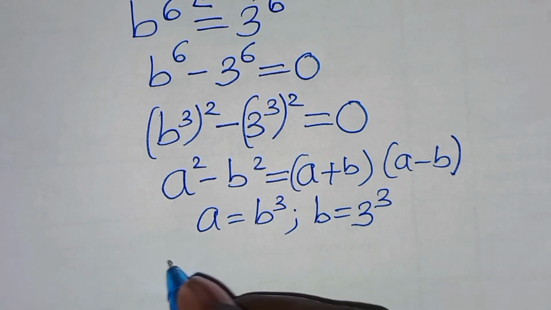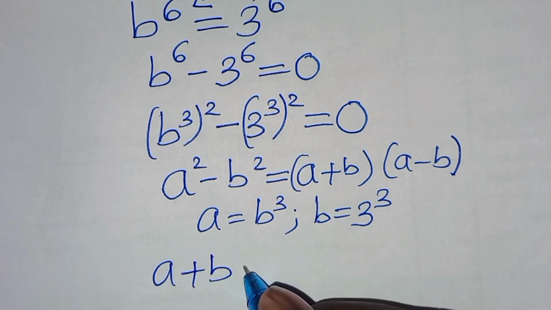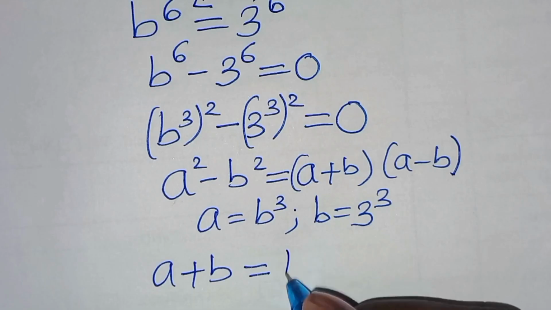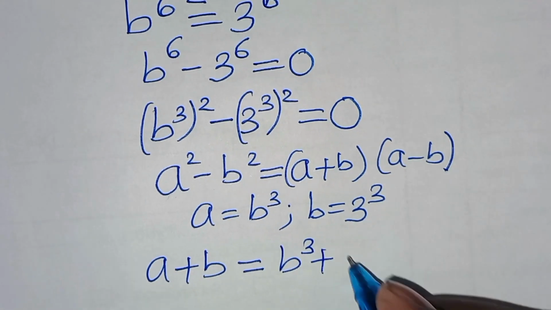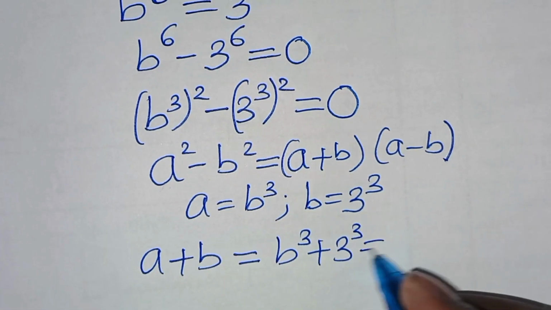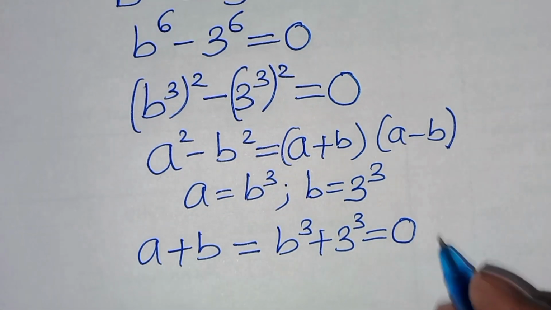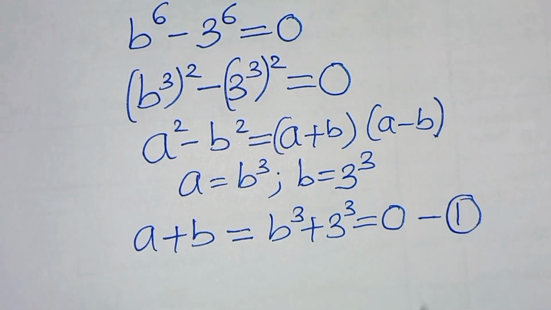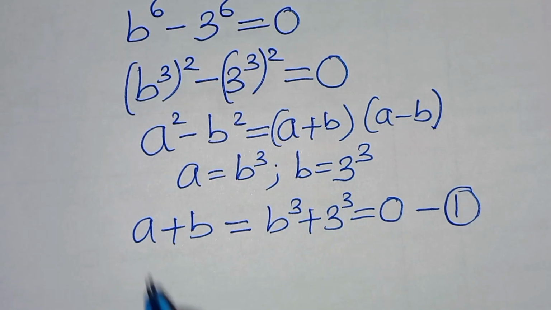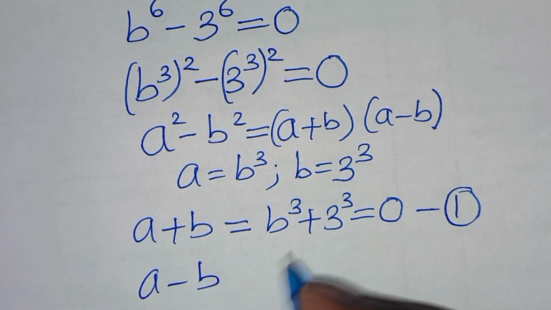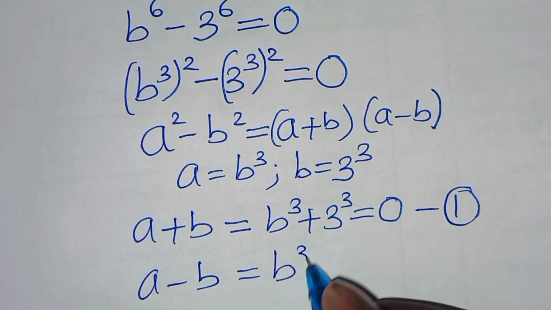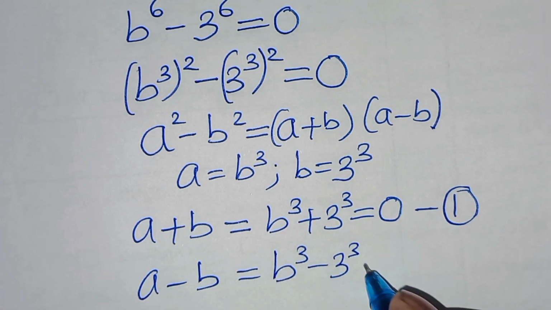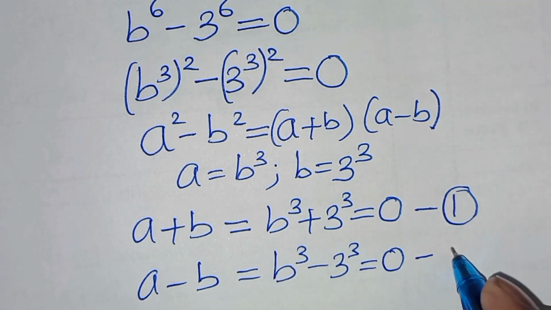So a plus b is b to power 3 plus 3 to power 3, equal to 0. Let's call this equation 1. We have a minus b, the same thing as b to power 3 minus 3 to power 3, equal to 0. Let's call this equation 2.